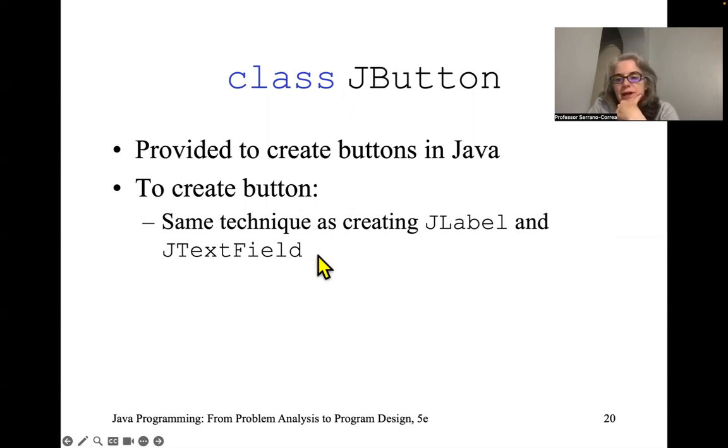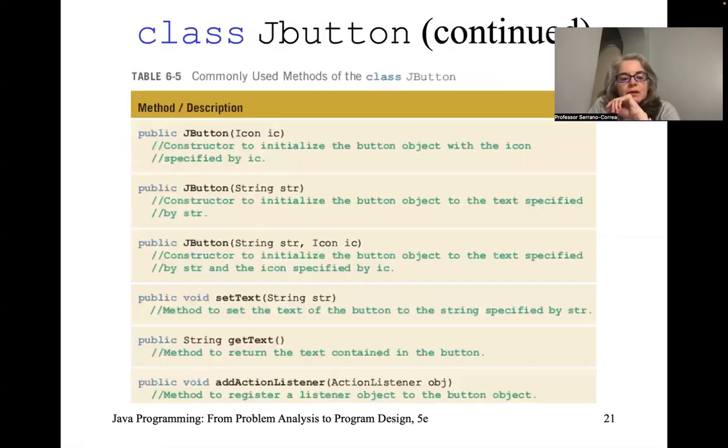So JButton is a class. That means you would say JButton, buttonExit would be the object name, equals new JButton. When you say new JButton, you have different ways that you can instantiate that button. So these are three different ways. You would pick one of these to make the button.